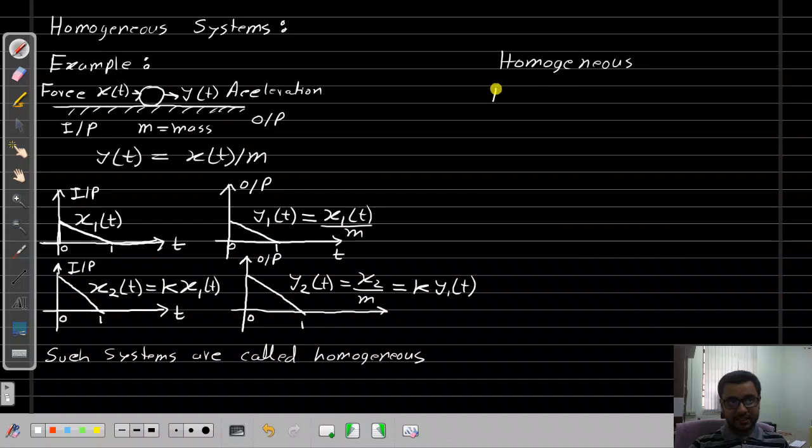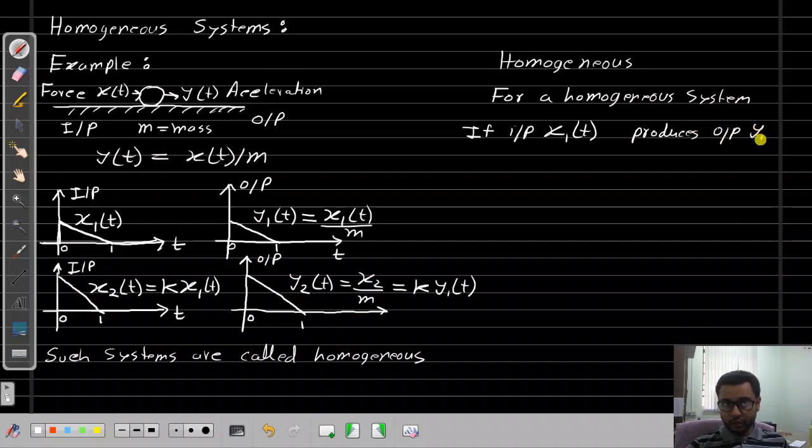For a homogeneous system, if input x1 of t produces output y1 of t, then input k times x1 of t will produce output k times y1 of t.